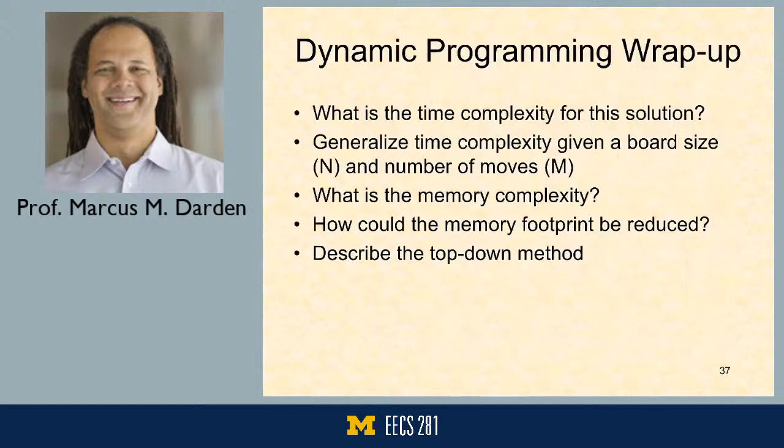All right? So here's my wrap up. If I said, what was the time complexity for this solution, what would you say? I had to fill out these boards. Some were initialized as 0. I had to calculate some values.